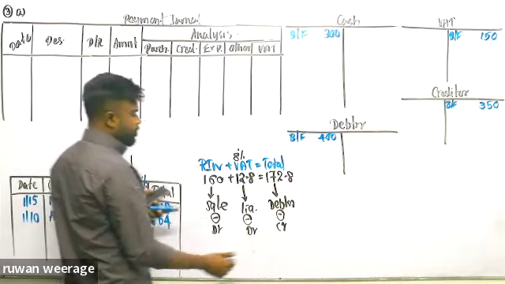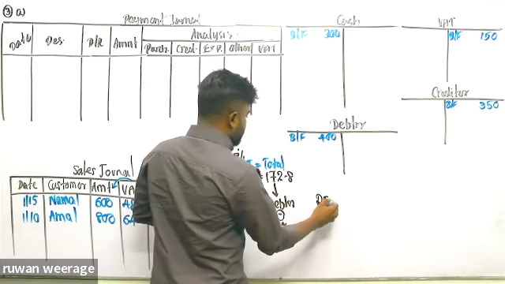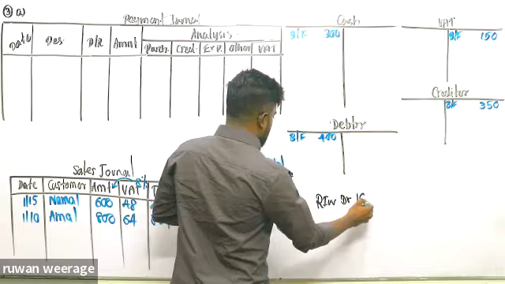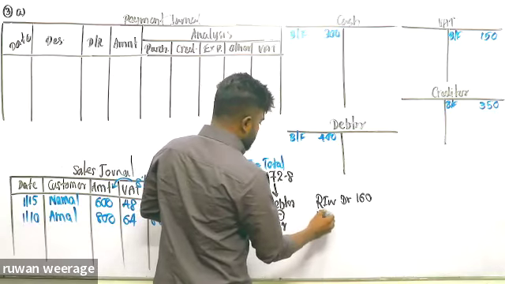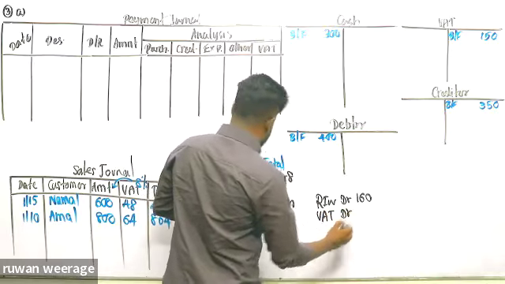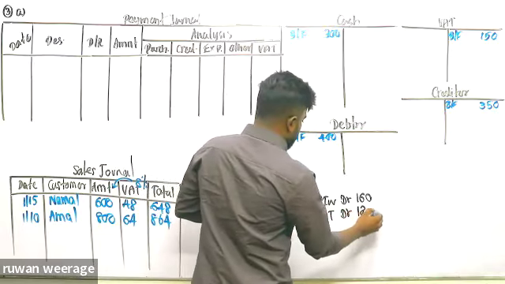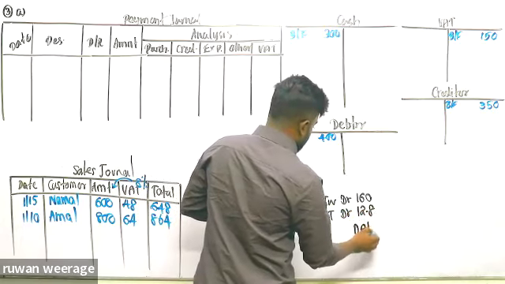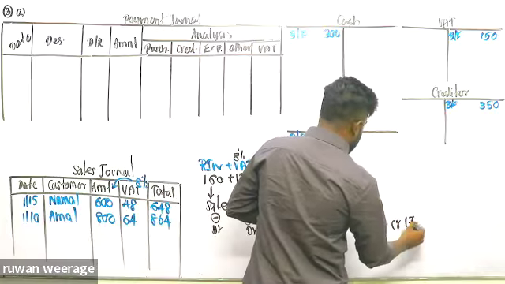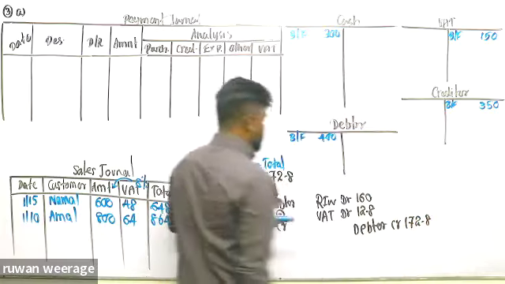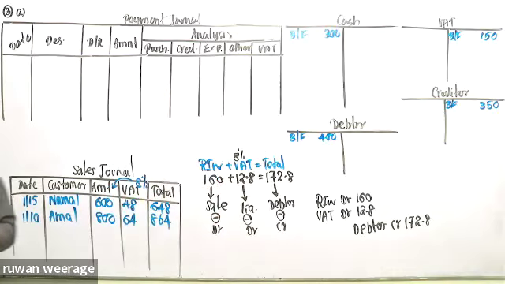Therefore, what's the double entry? Returns inward debit 160, VAT amount debit 12.8, debtor credit 172.8.